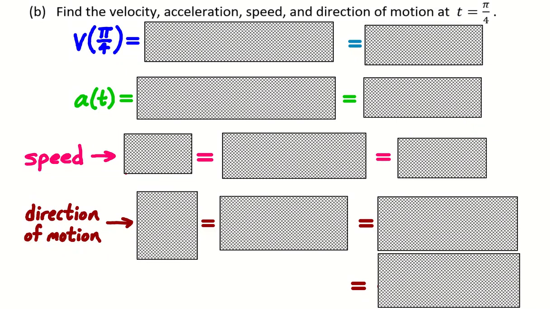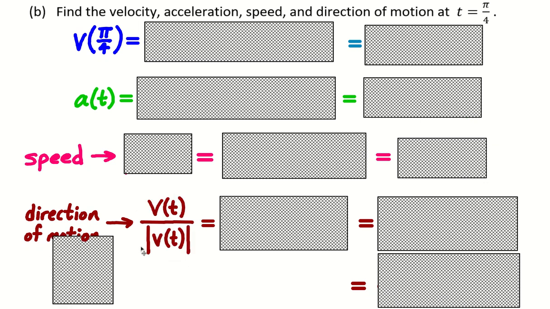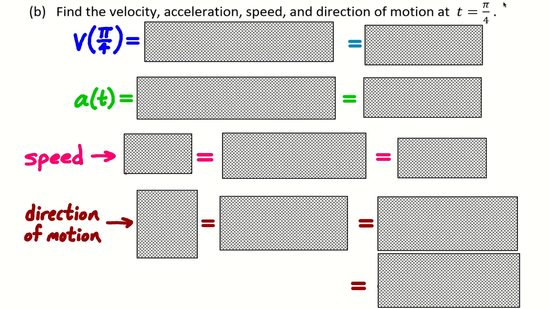Okay. Find the velocity, acceleration, speed, and direction of motion. Ooh, direction of motion. That fancy, that guy. At this time, pi over 4. Now remember, people, you describe velocity literally as a vector. So finding the velocity, you're going to be finding a vector because, notice, they want speed.